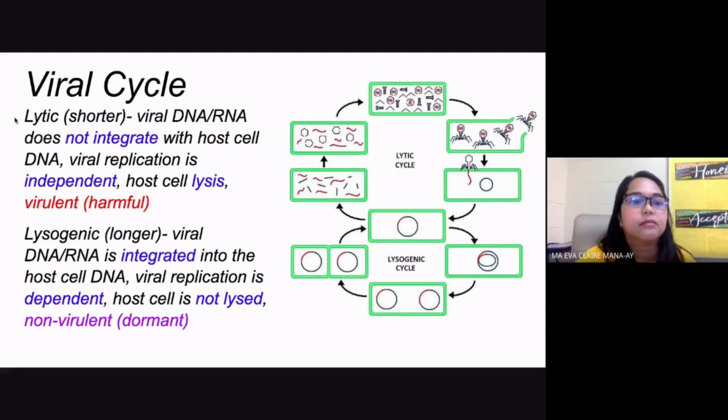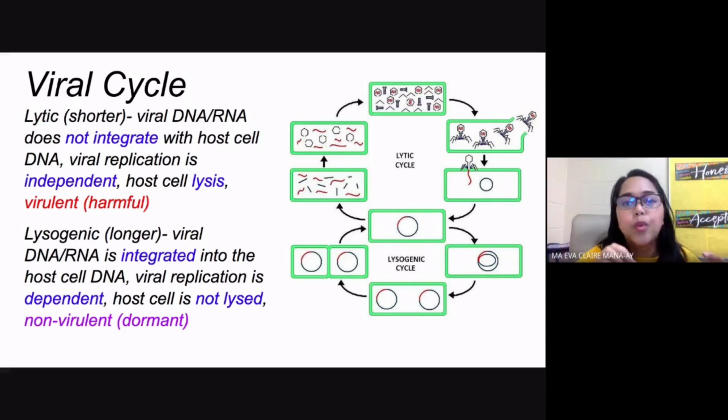Let's take a look at their differences here. The lytic cycle, or lytic stage, is a shorter stage. In here, the viral DNA or RNA of your virus is not integrated with the host cell's DNA. That means the DNA or RNA of your virus is not mixed or combined with the host cell's DNA at this point.